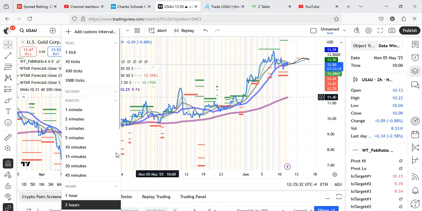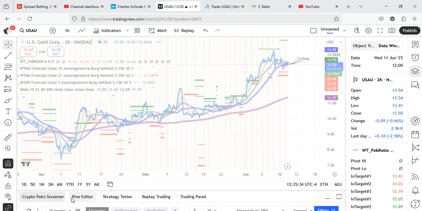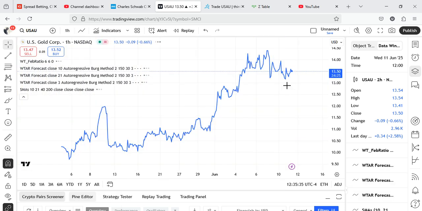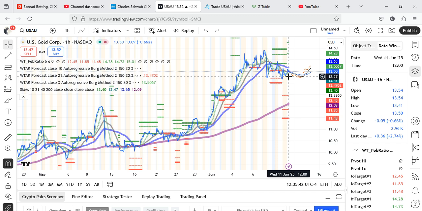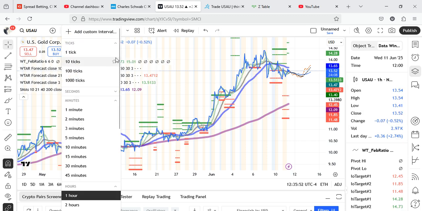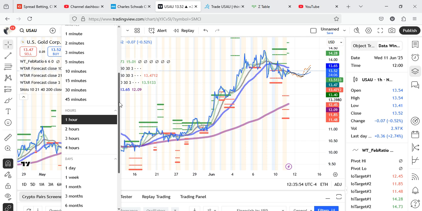Higher prices are extrapolated as against what we have on the 3 and 4-hour charts. On the 1-hour chart, we have projections between 11.48 and 15.01.